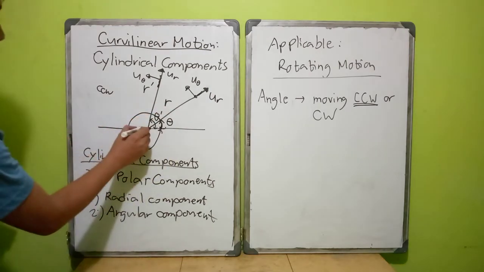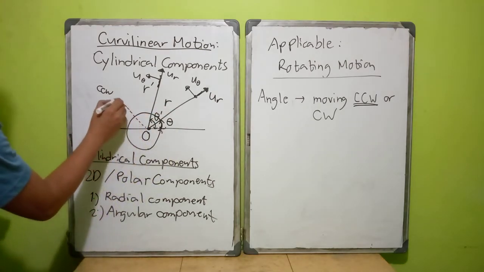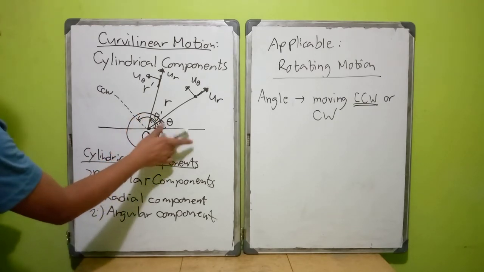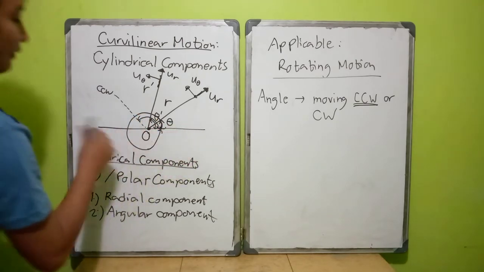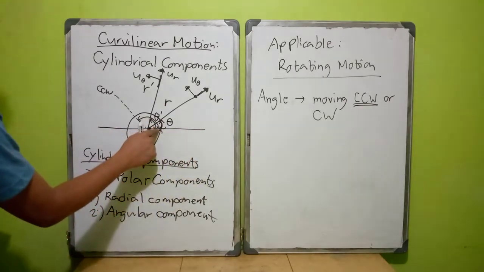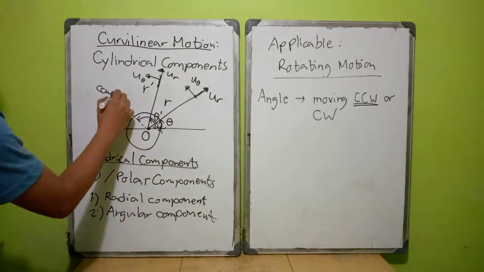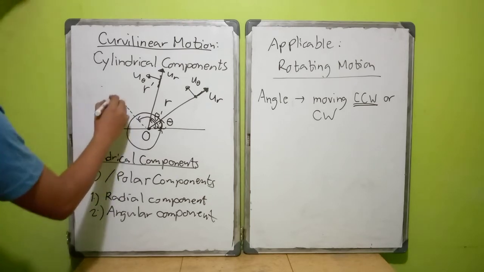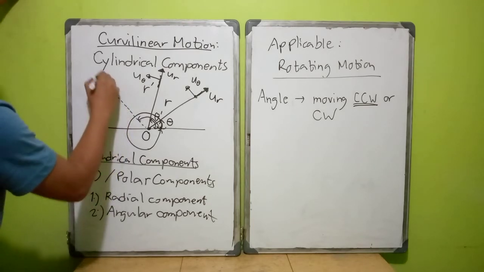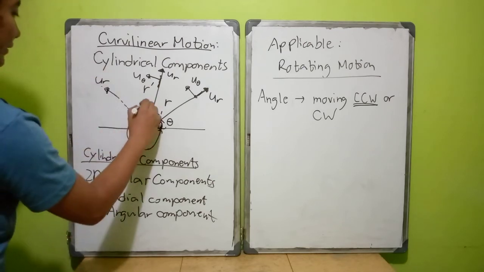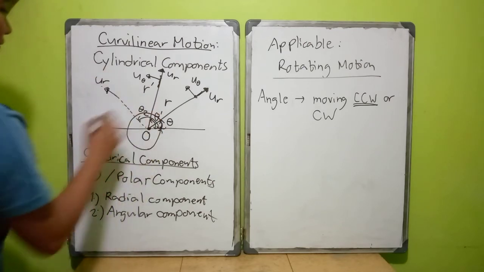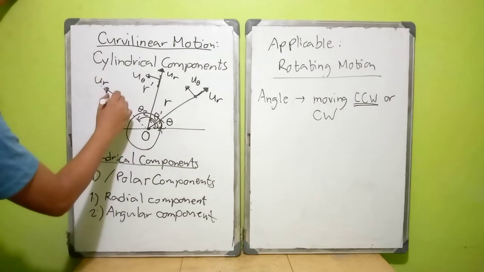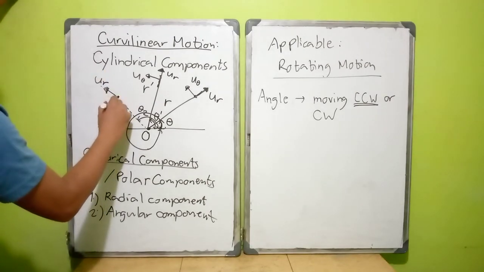If it already went in this direction, your theta will again be measured from the horizontal line on the right side. Let us say this is your theta 2. Your UR will be here and your U theta will be here.